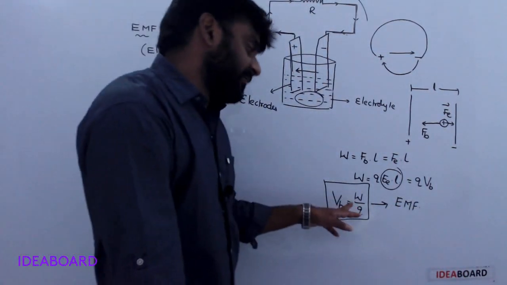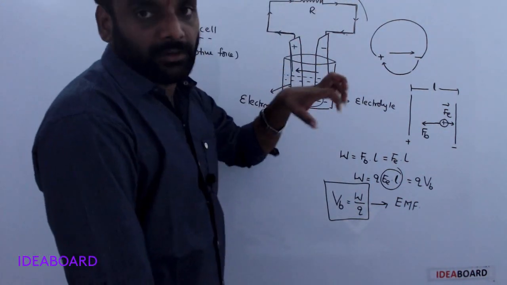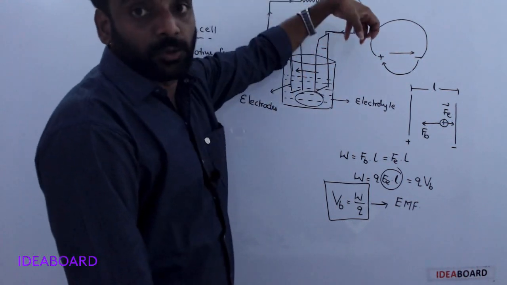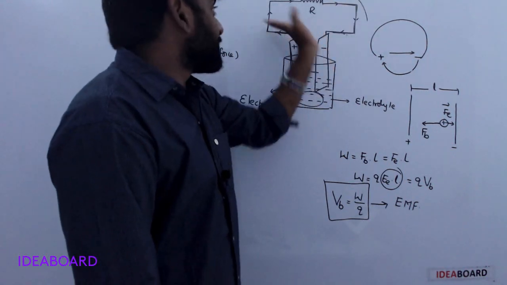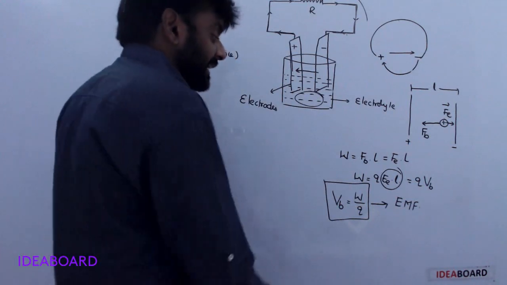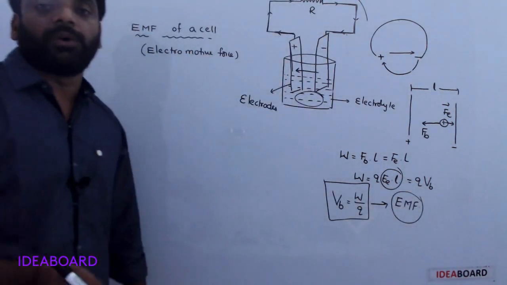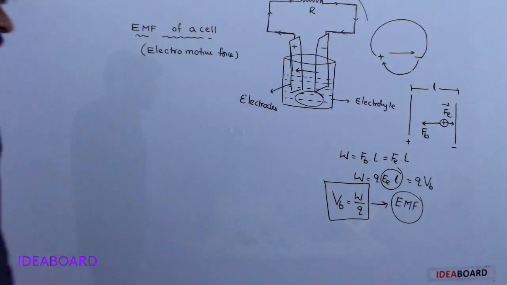So EMF is defined as the work done required to move the positive charge in one cycle, externally from positive to negative and internally from negative to positive. Simply that is called EMF, in the sense of electromotive force. Understood?